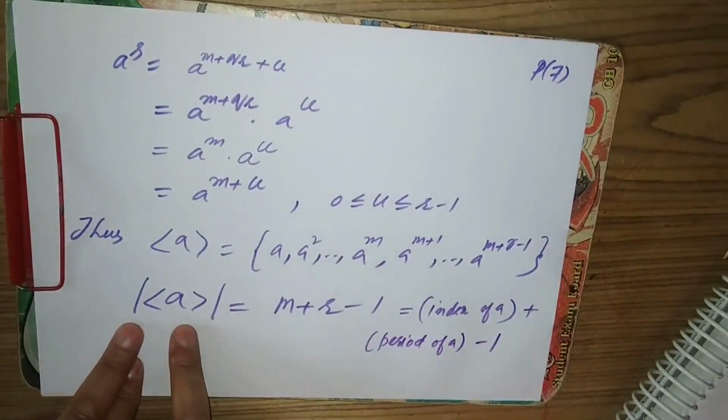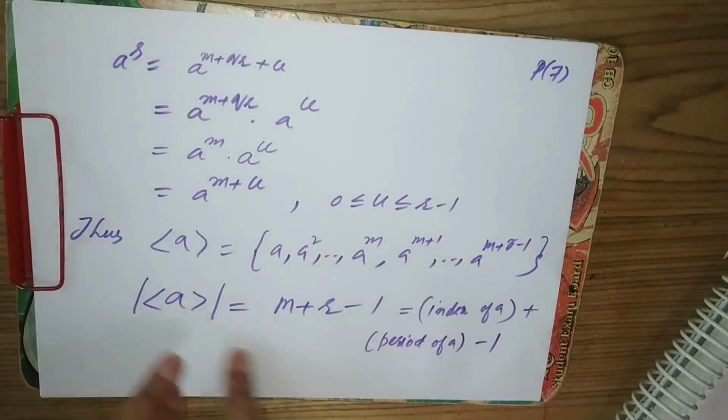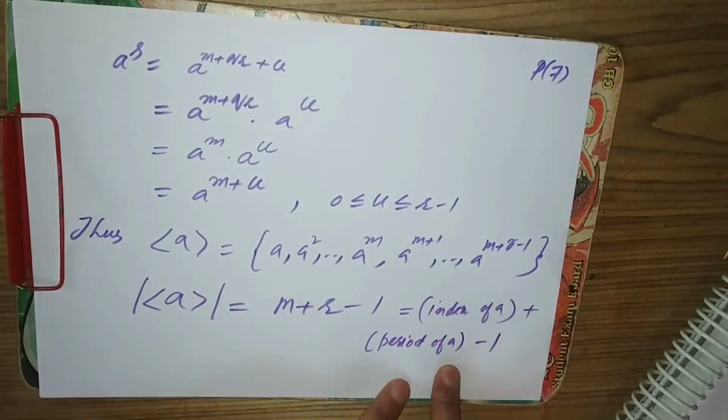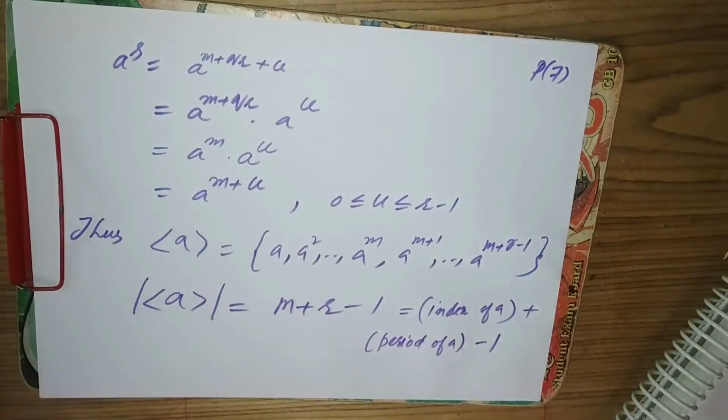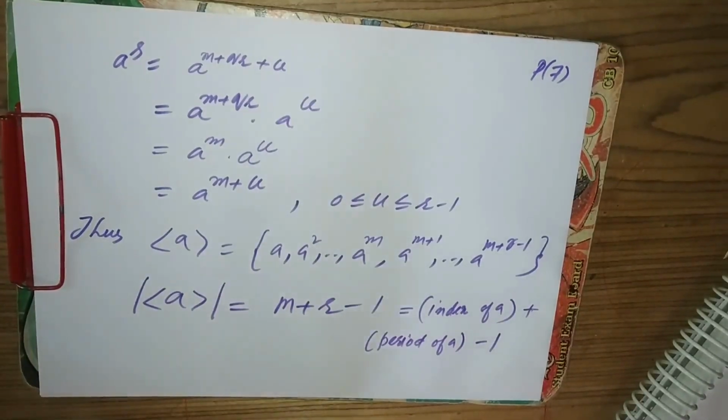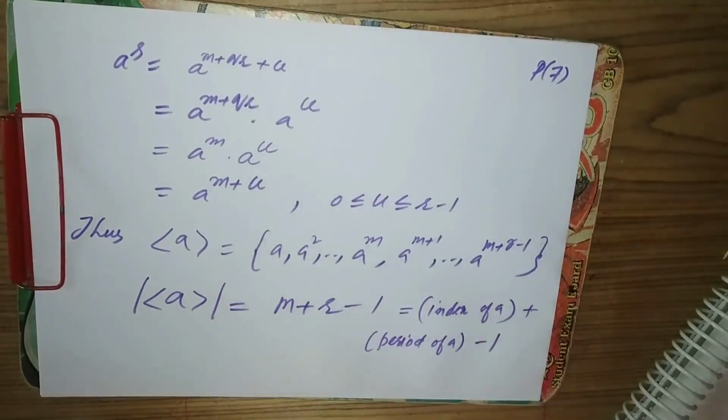So the order of a finite monogenic semigroup generated by A is equal to index of A plus period of A minus 1, and this order is also called the order of A, because as in the case of groups, if G is a finite group generated by an element A, then the order of A is the same as the order of the group generated by A.